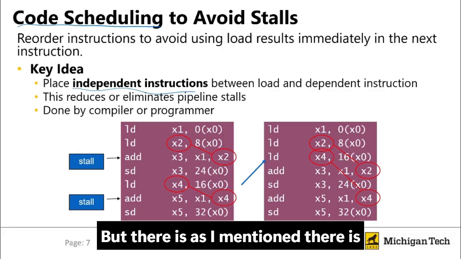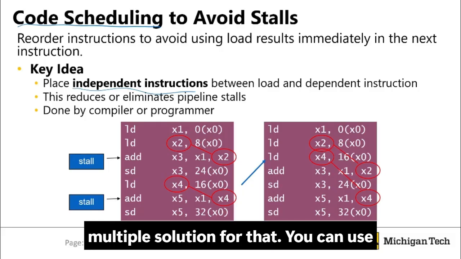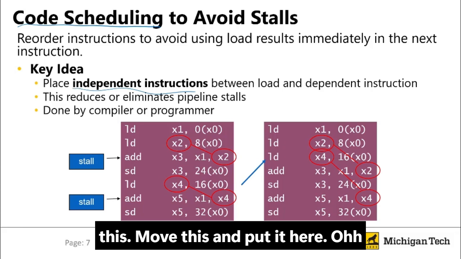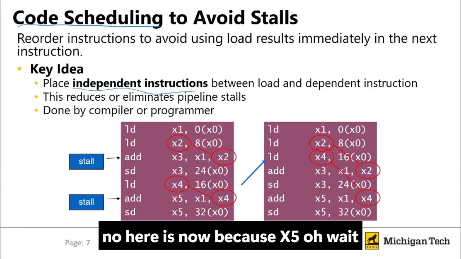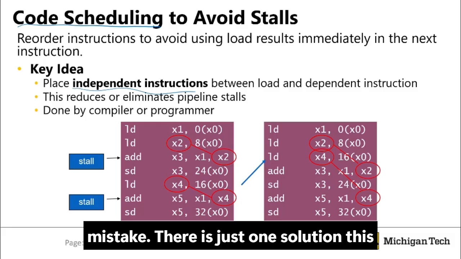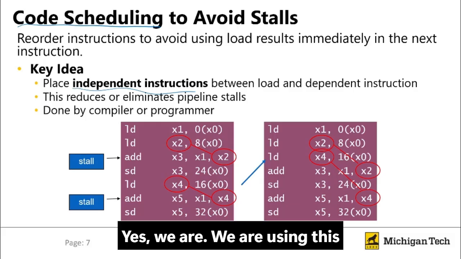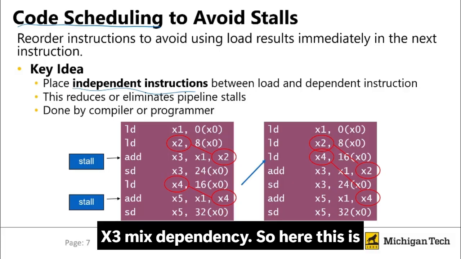But as I mentioned, there is multiple solution for that. You can use this and put it in this. Move this and put it here. Oh, no, here is not, because X5. Oh, wait a second. This is dependent. I made a mistake. There is just one solution. We are using this X3, which makes dependency.